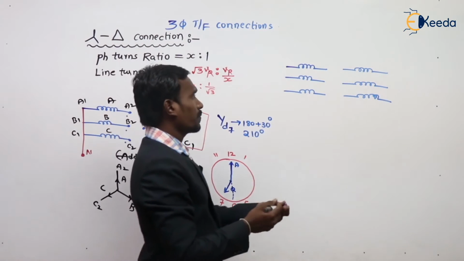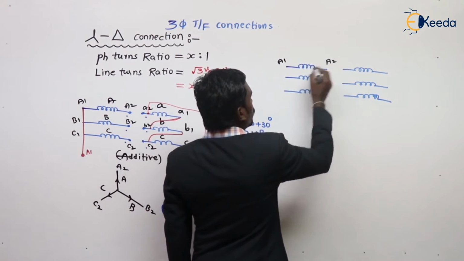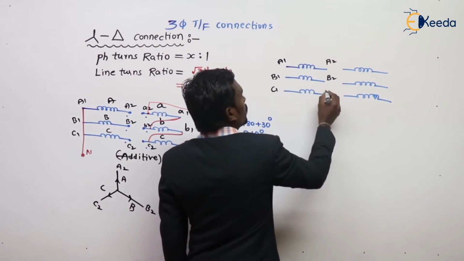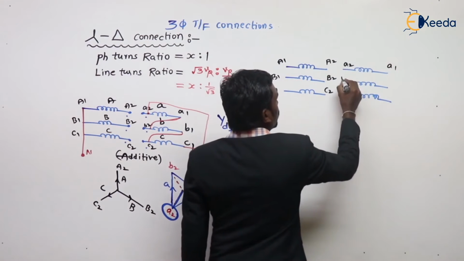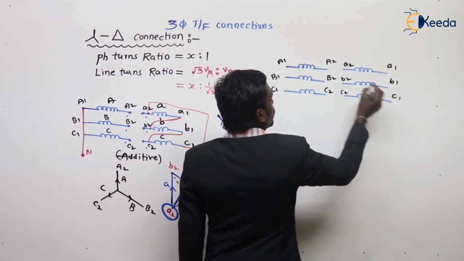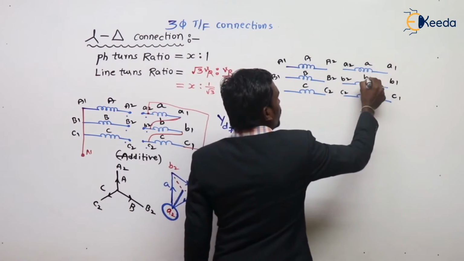Let's see. We know that this is A1, A2, B1, B2, C1, C2, and A, B, C.